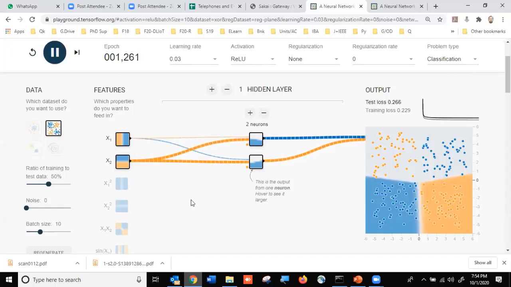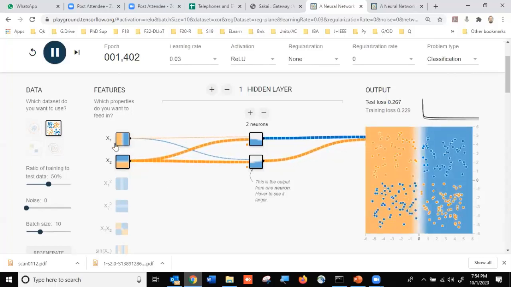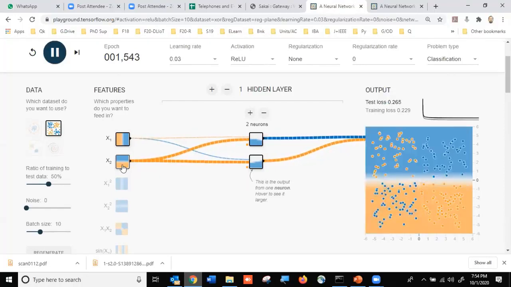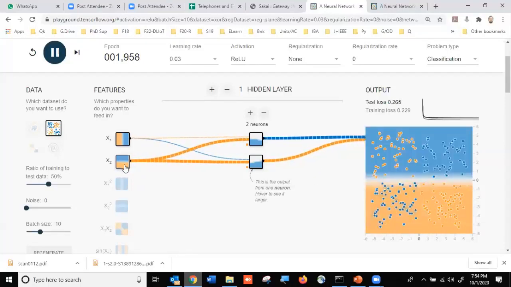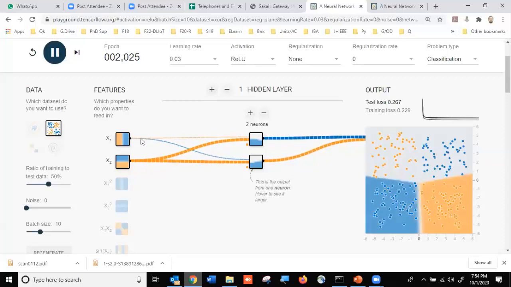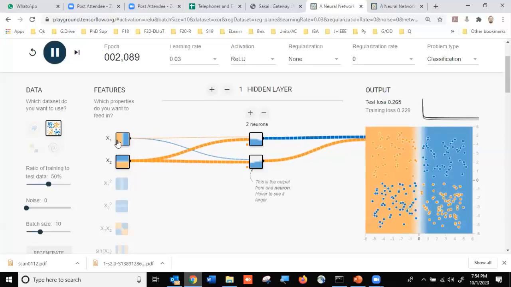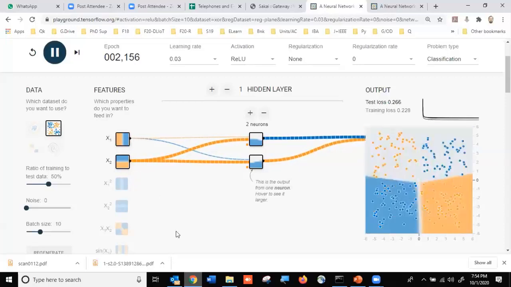Now, what do you notice about this? If you look at this, x1 is the horizontal axis, right? x2 is the vertical axis. Now, both of these have somehow converged, and the lines are basically horizontal, all right? The lines are horizontal, which means that it's basically based on x2. And you can see that it's not really using x1. None of them are vertical lines.